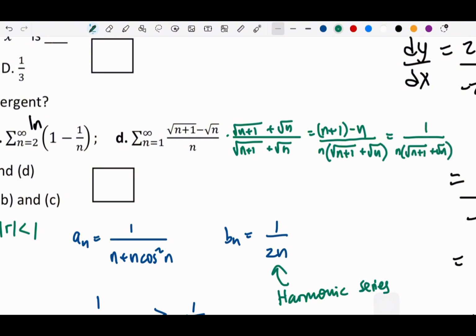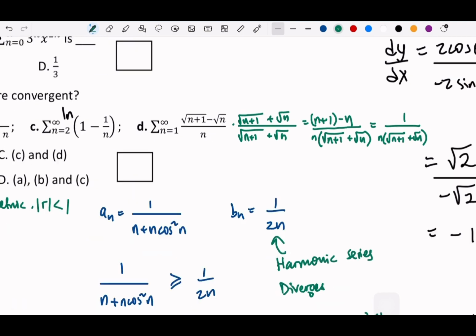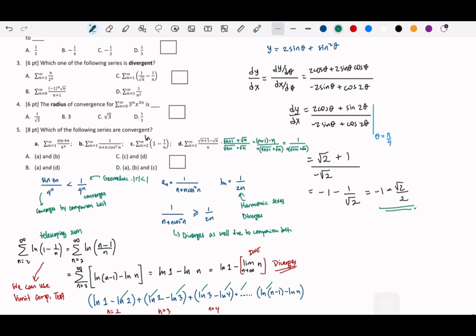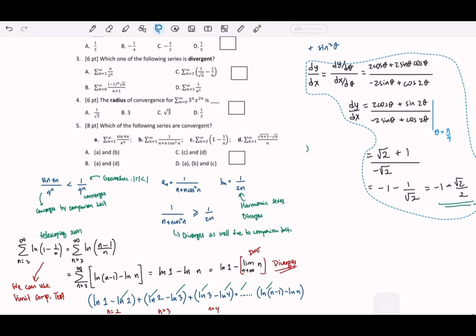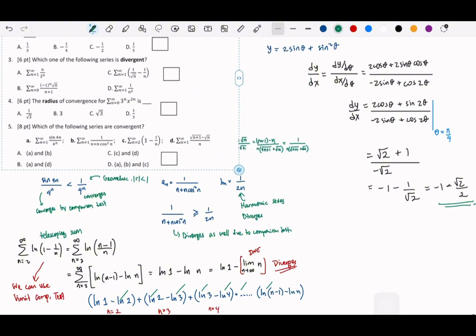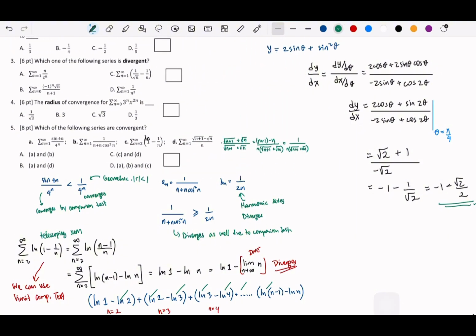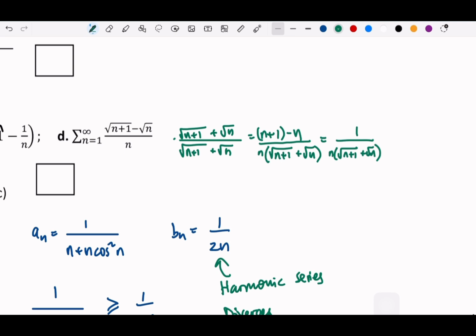And then similar with the other part, let me move this to the right. So from here, then we can compare.